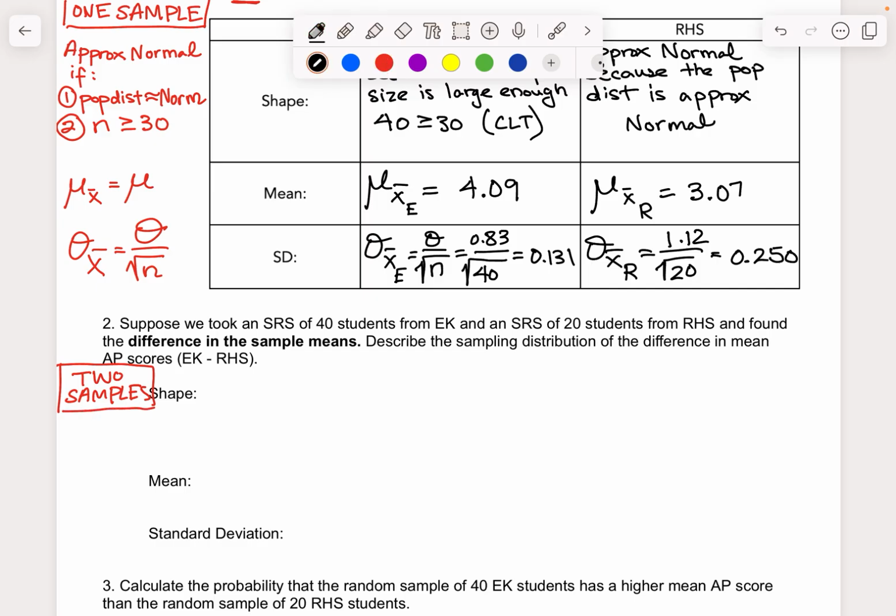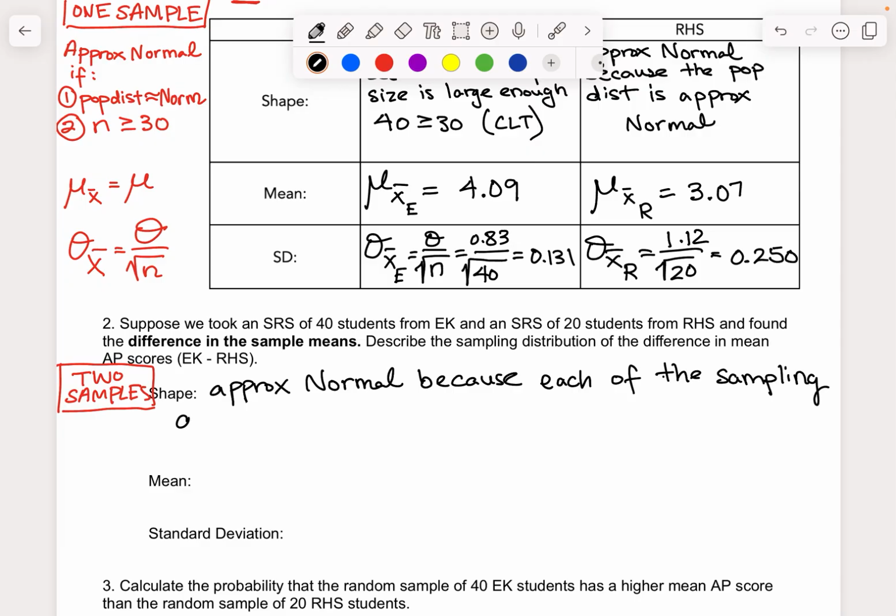What is the shape going to be of this distribution of sample differences? Well, it'll be approximately normal, because each of the sampling distributions above are approximately normal.